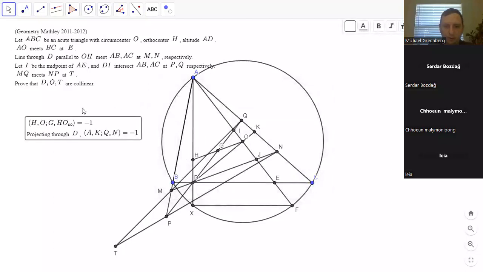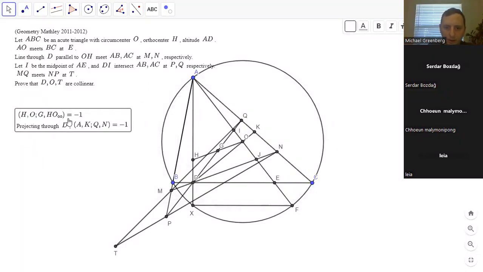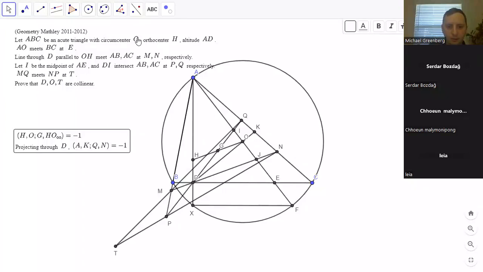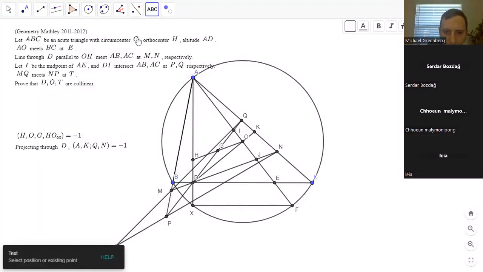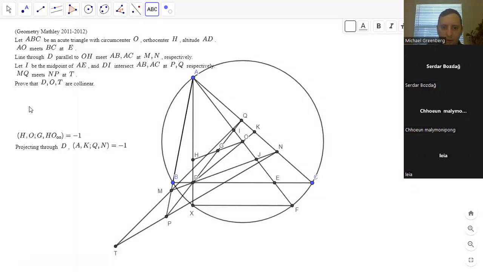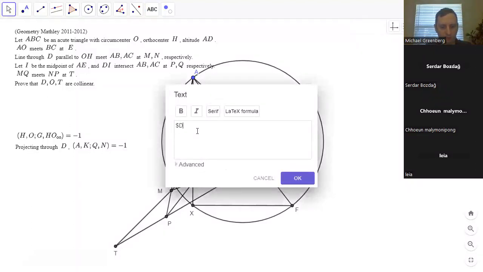And that basically, so I use that G is the midpoint of HO because HD equals DX, and so by homothety, DI is parallel to XO. So I did use that for that.